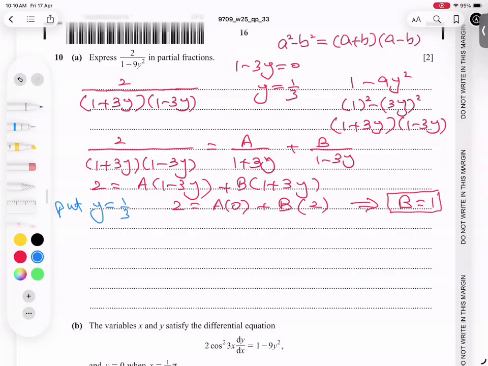First I kept this value equal to 0. Now I'm keeping the second value equal to 0. When I keep the second value equal to 0, students, 1 plus 3y is equal to 0. The y value becomes negative 1 over 3.